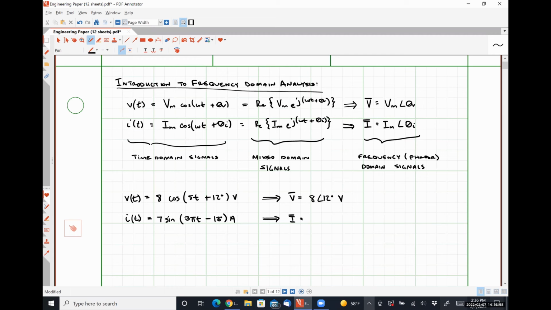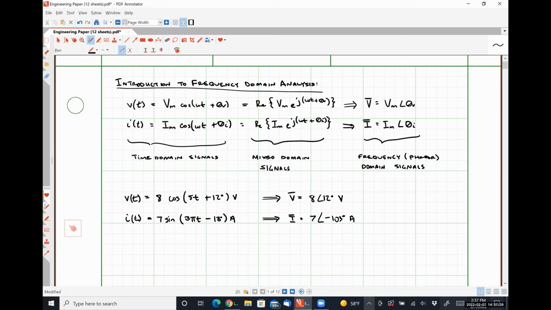So what would the cosine representation of 7 sine 3 pi t minus 13 degrees be? How do we convert from sine to cosine? Subtract 90 degrees, okay? So this would look like 7 angle negative 13 minus 90, or negative 103 degrees amps.